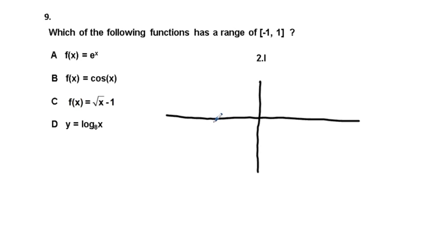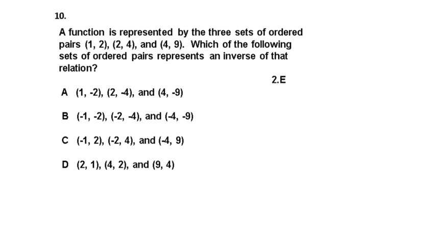It's going to go like this, and will oscillate between a lower boundary of -1 down here and an upper boundary of 1 up here. So definitely that's going to be our range of this function. Answer choice B.